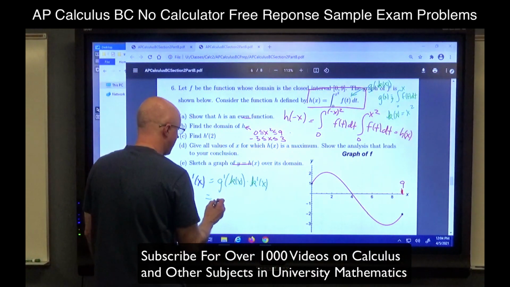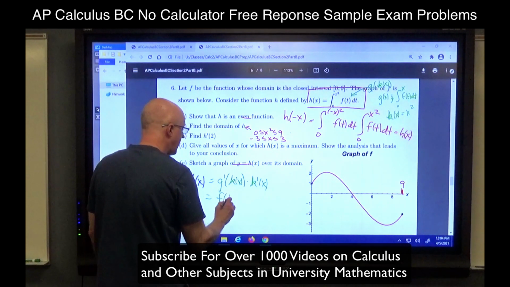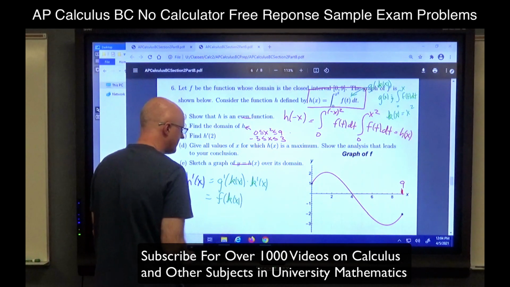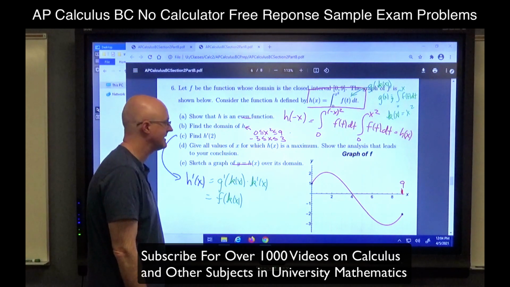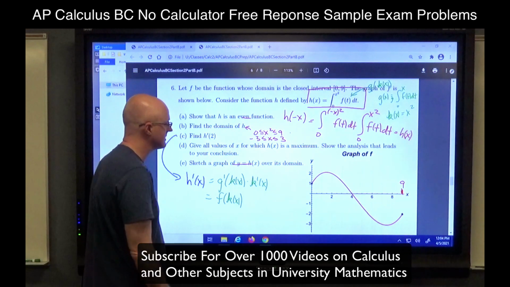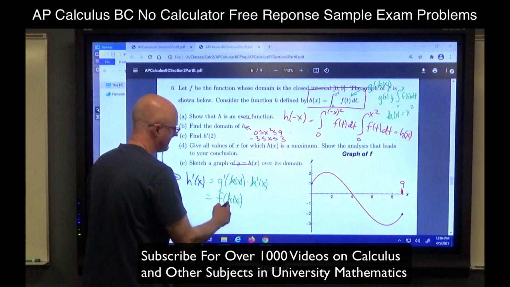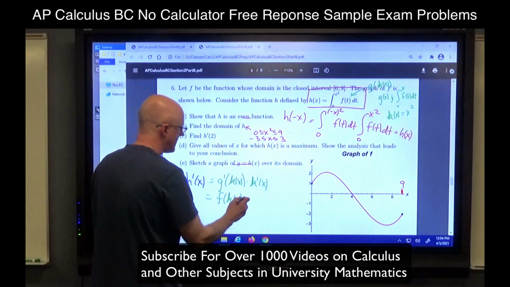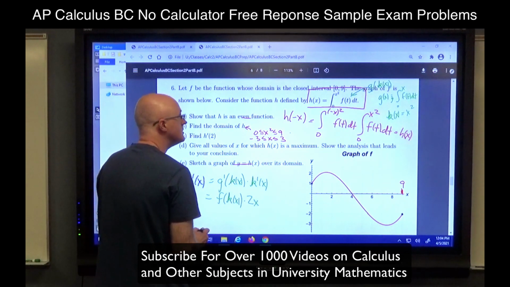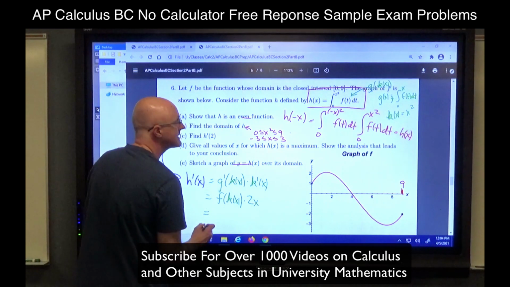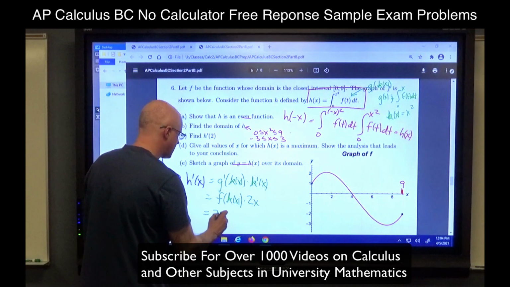So I get here f of k of x, because f is g prime. More precisely, f of x is g prime of x. So if I replace x with k of x there, I've got to replace it here. Times k prime is 2x. And k of x is x squared. This is 2x times f of x squared.